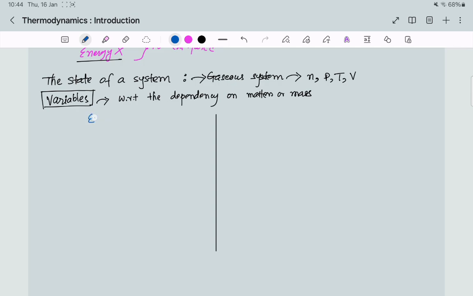One will be our extensive variable, and you can apply this concept, that is extensive variable and intensive variable, not only in thermodynamics but also if it is required in any physical chemistry problem. Okay, intensive variable.